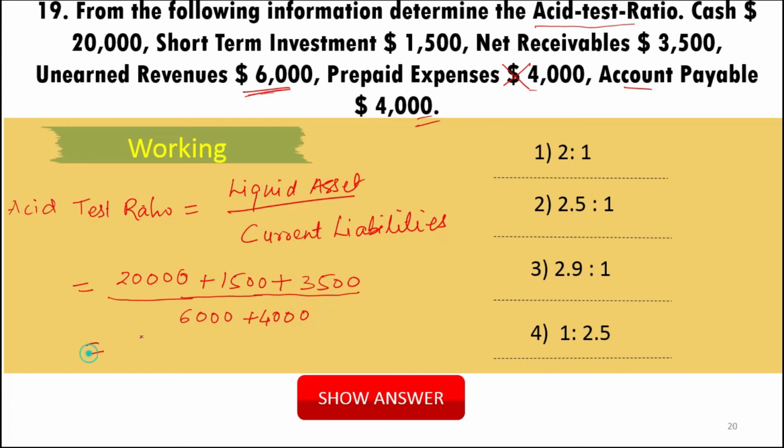Now we get 25,000 by 10,000. Dividing it we get 2.5 is to 1. So our correct option becomes 2.5 is to 1. This is the acid test ratio, and the correct answer is 2.